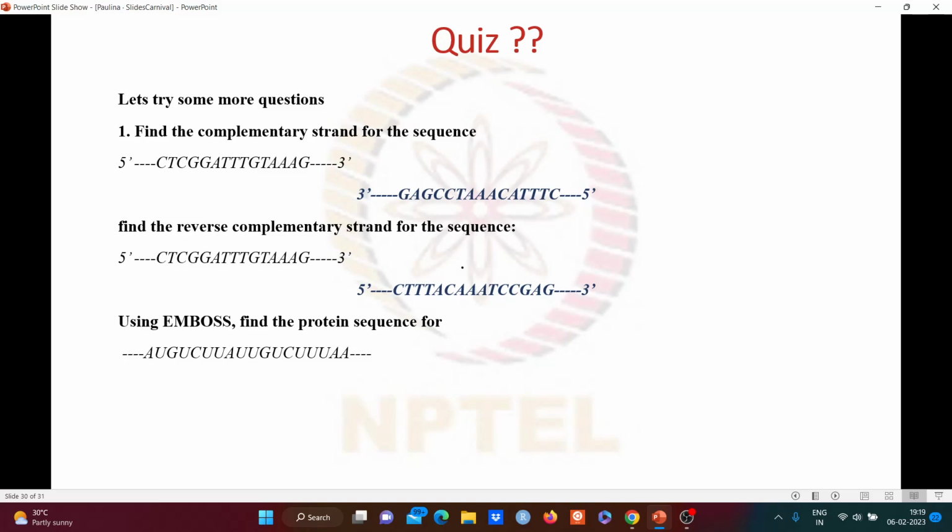I initially showed you frame 1, frame 2 and frame 3. We'll solve frame by frame. So first provide me with the frame 1 amino acid sequence. In order to solve this, you can take help of a codon table if you want me to show.